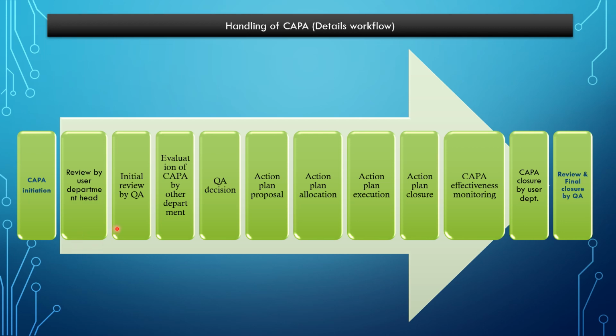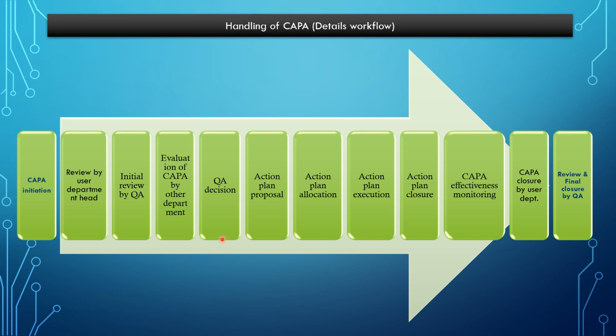After that, the initiated CAPA will be reviewed by the QA department, which will evaluate the CAPA against the non-conformities that occurred. After that, this CAPA will be moved to any other department which may be impacted by the initiation of this CAPA. After the comments from the other department, the CAPA will again go to the QA department, and then the QA head evaluates the CAPA and gives their decision on implementation of that CAPA.